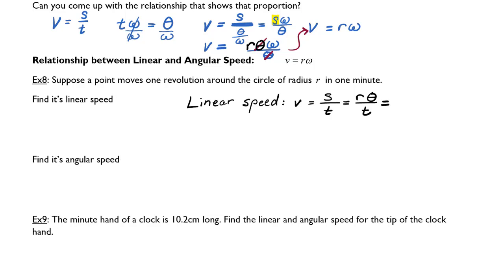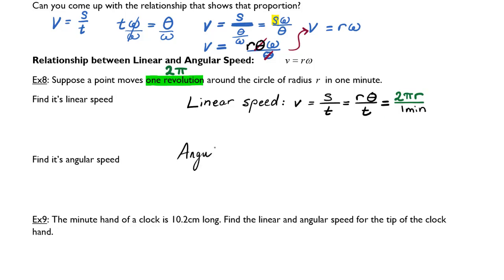And I know that because it says 1 revolution around the circle. So that means 2 pi in radians. So replacing the theta with 2 pi, I'll have 2 pi r divided by time, which is 1 minute.